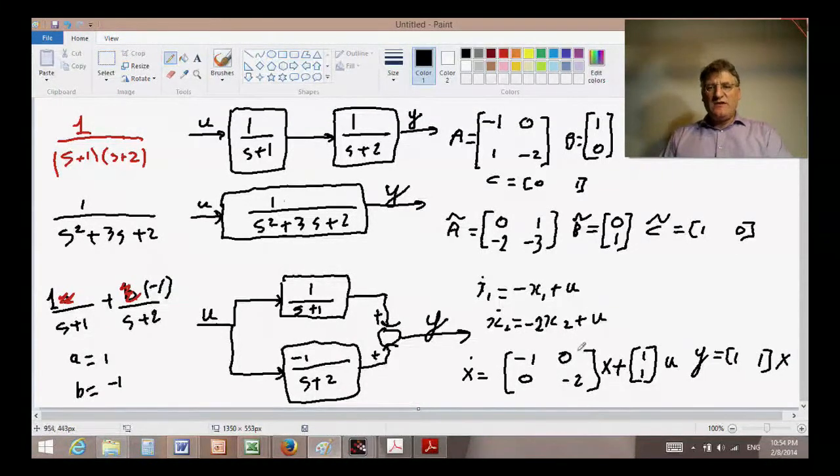These three realizations, or these three state space representations of the system, are different, yet totally equivalent.